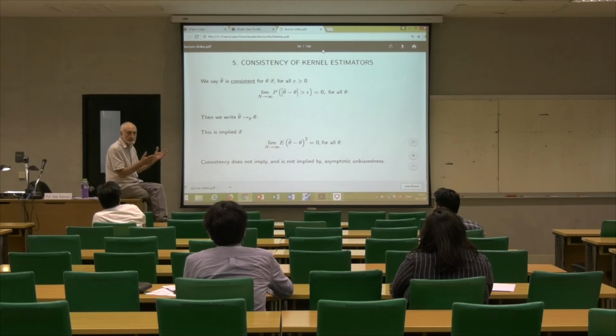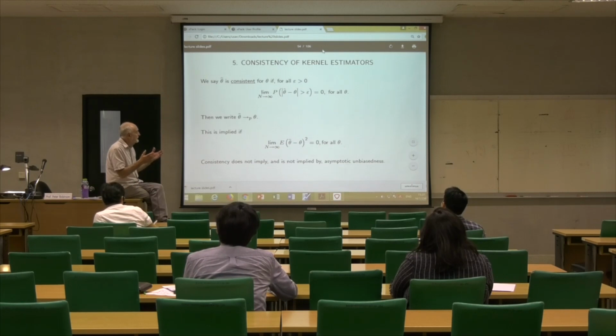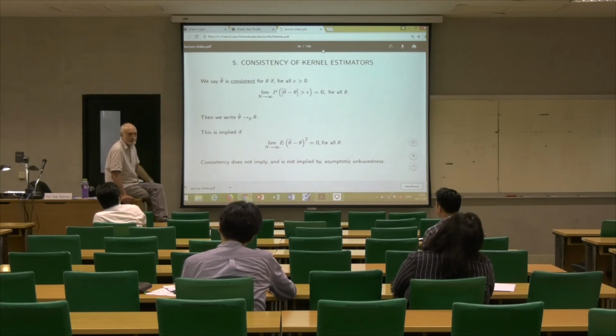You may not have an expectation. On the other hand, it's certainly also true that you can have asymptotic unbiasedness without consistency. Again, this is something that causes confusion. When we have consistency, I write it like that. There are numerous other notations, such as theta hat with an arrow and a P for convergence in probability.